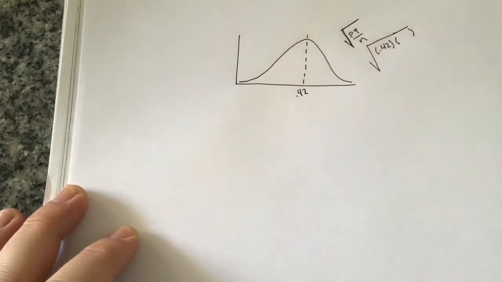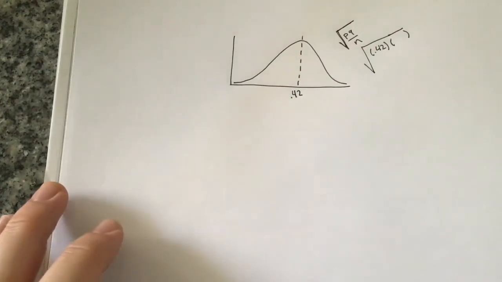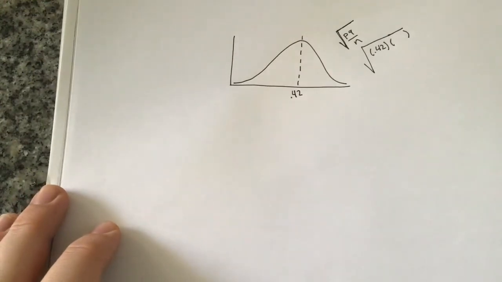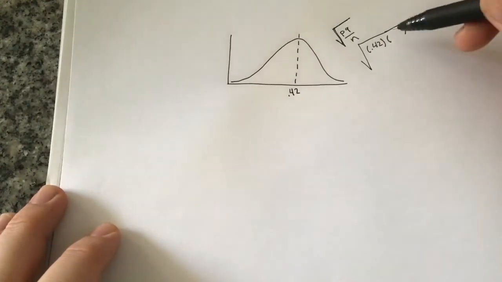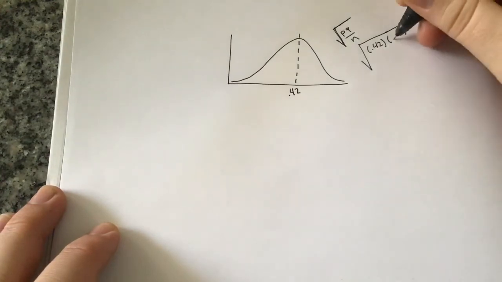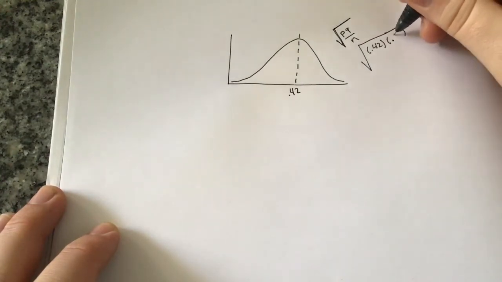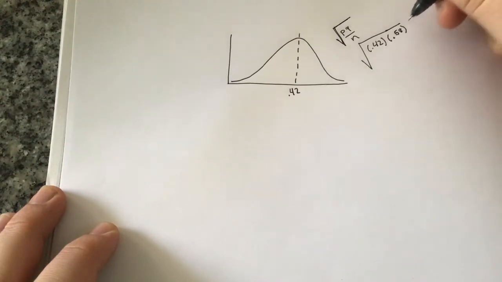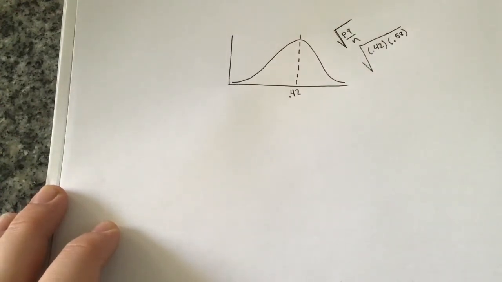Since proportions are traditionally written as decimals, Q can typically be considered 1 minus P. So if 42% are going to have type A blood, that means 58% are not going to have type A blood.